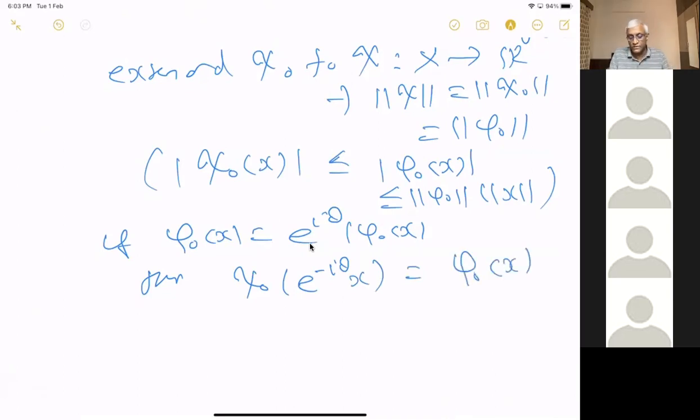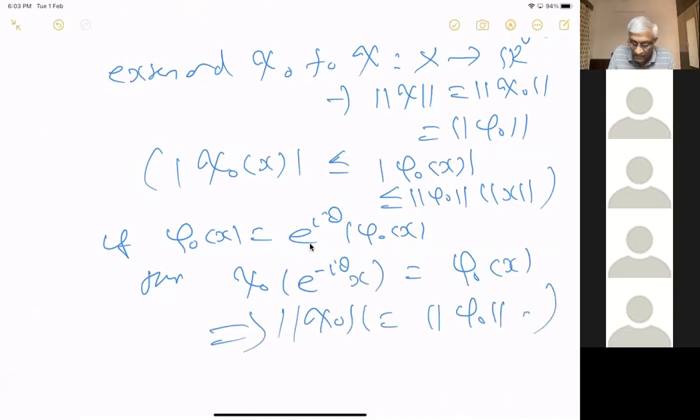So this will be bounded by norm phi naught. From this, convince yourself that norm of chi naught is equal to norm of phi naught. If you use the definition of norm, this implies norm of chi naught is norm of phi naught.